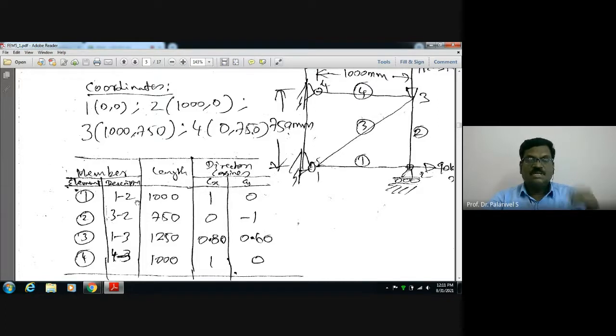Because if you want to get those coordinates, from that you have to write 2 minus 1.